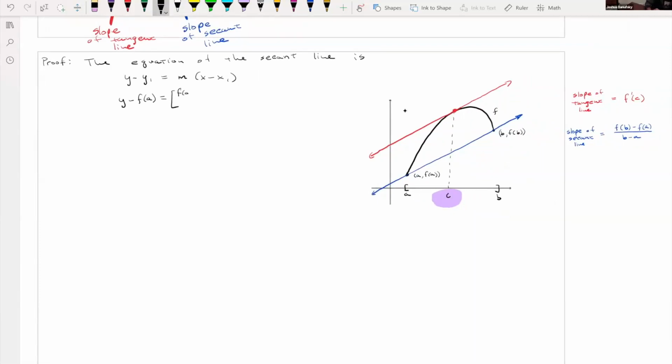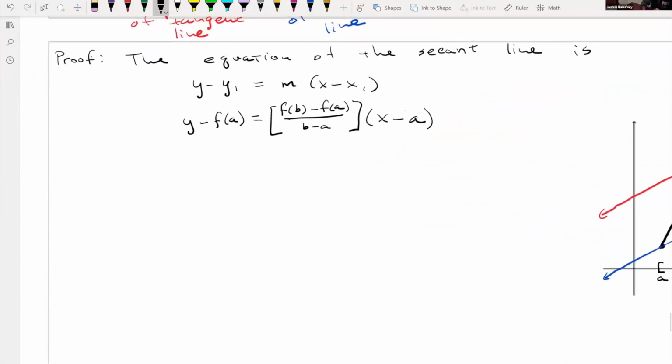That's f of A, or f of B, I guess. f of B minus f of A all over B minus A times x minus A. All that is, let me spread this out a little bit, y minus y1 equals m times x minus x1.